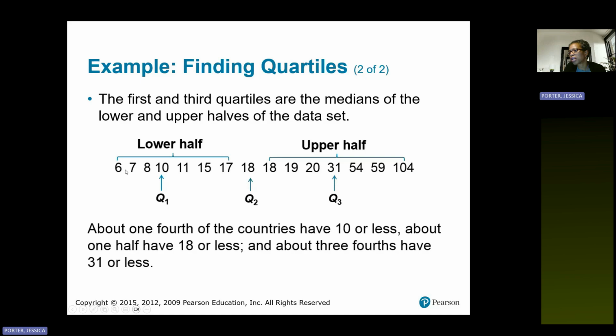Oh, is this not an even number, is it? 1, 2, no, that's 7. Ah, that's why quartile 1 is. If you have an even number in between in your lower half, you're going to have to take the average of the 2 middle ones. So just keep that in mind. It's like finding the median of the lower half and the median of the upper half.